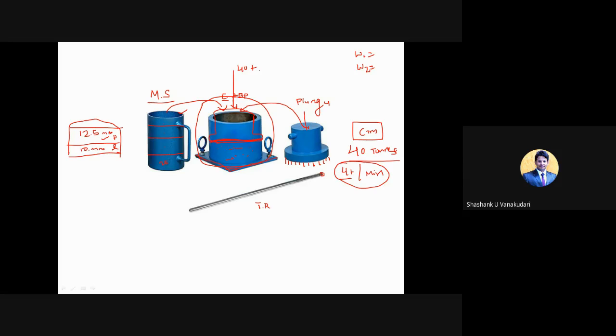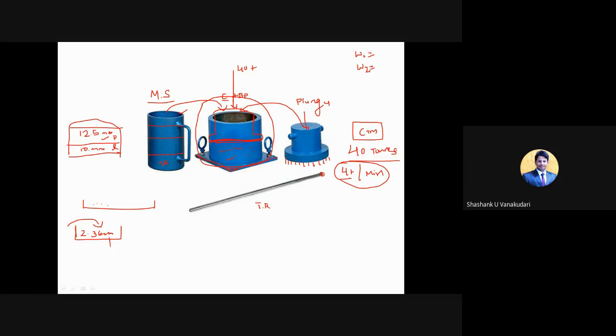After applying 40 tons of load, the aggregates will get crushed. You take these crushed particles down in a particular tray, and now you use the 2.36 mm ISC, that is, Indian Standard Sieve. You place all the crushed particles on this 2.36 mm sieve.